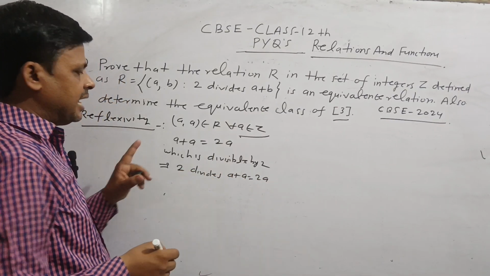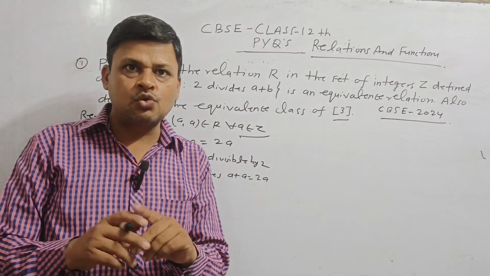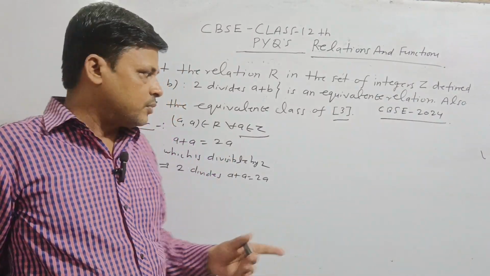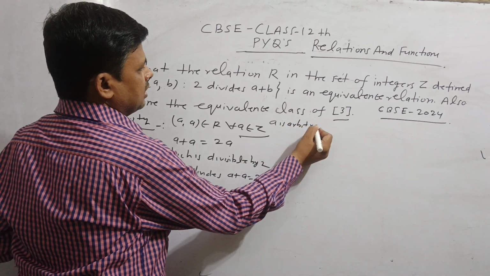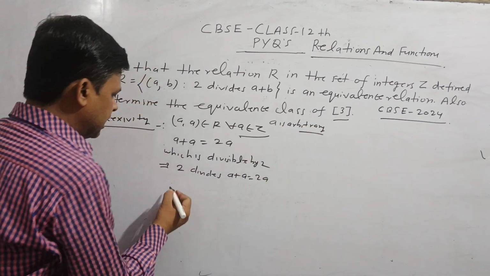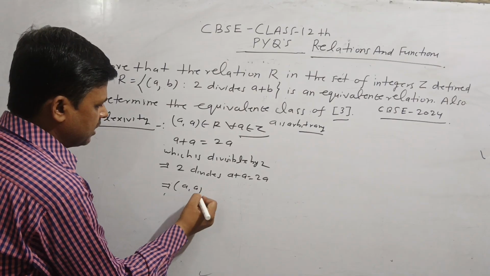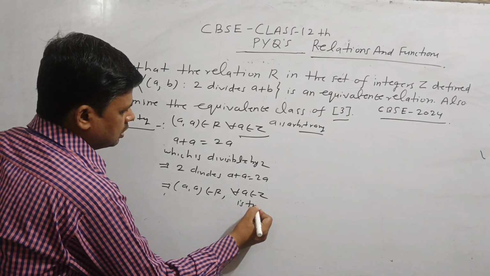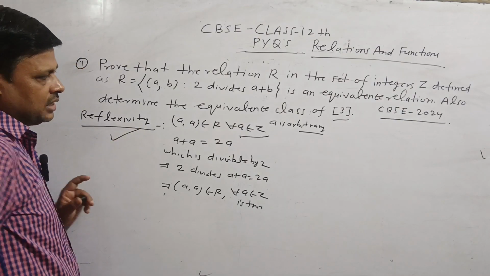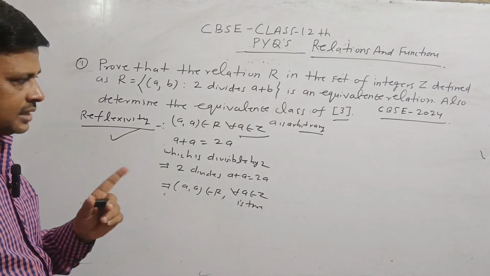It is clear, and a is an arbitrary integer, so it is true for every integer. That's why we can say that (a, a) belongs to R for all a belongs to Z is true. So the relation is reflexive.